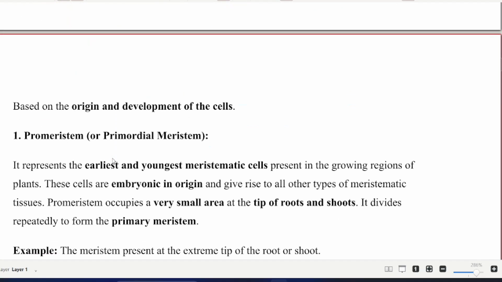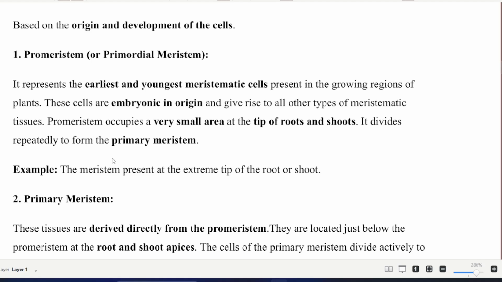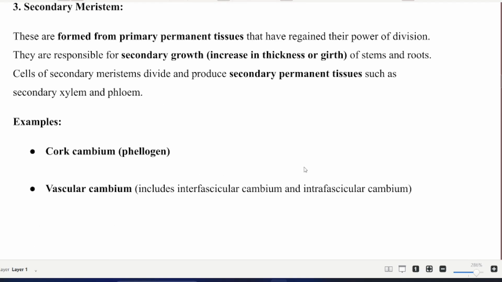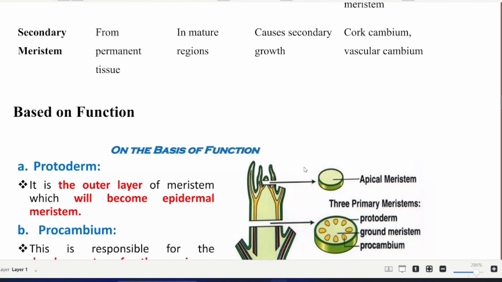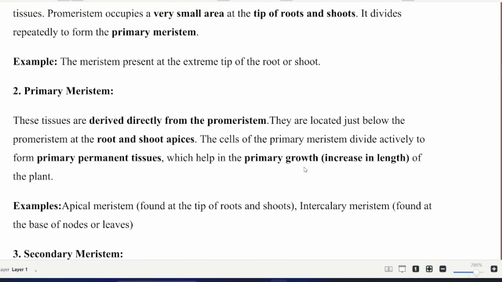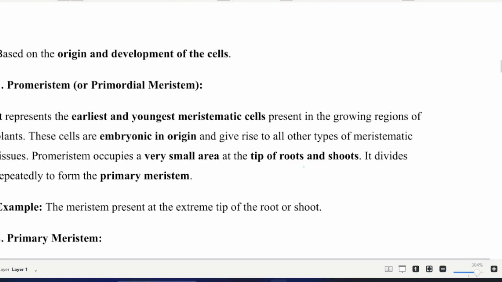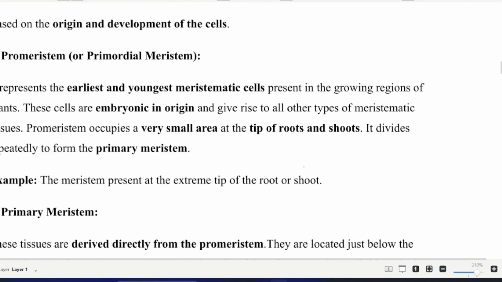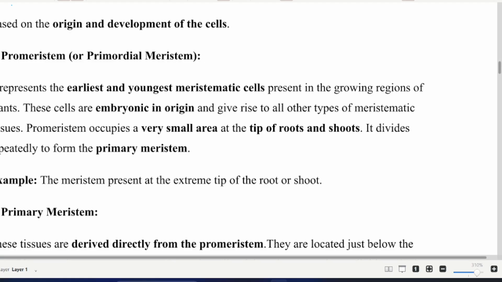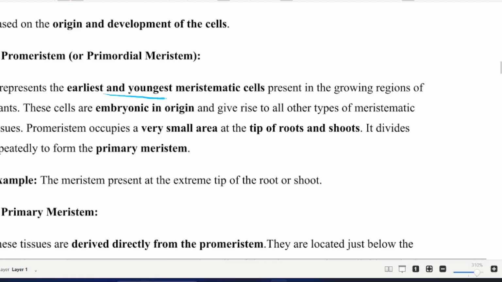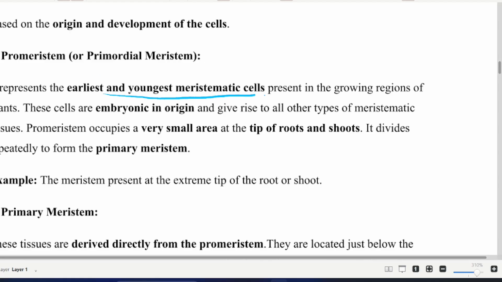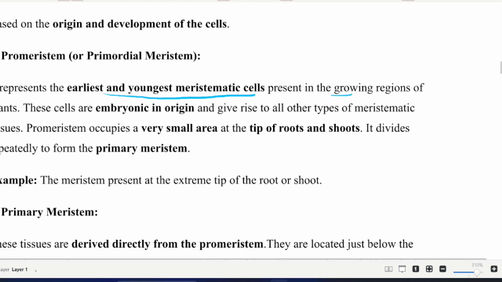Understood? Now the second one, on the basis of origin and development of cells, the first one is the promeristem, which is also known as the primordial meristem. First of all, let's have a look at it in detail. It represents the earliest and the youngest meristematic cells that are present in the growing regions of the plant.